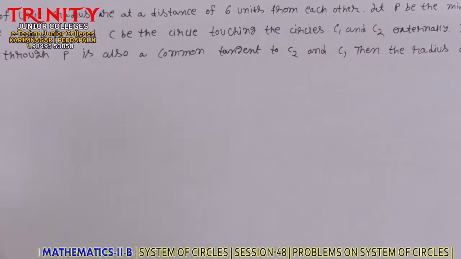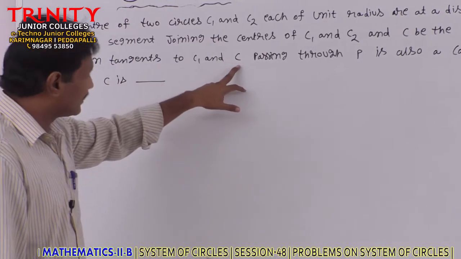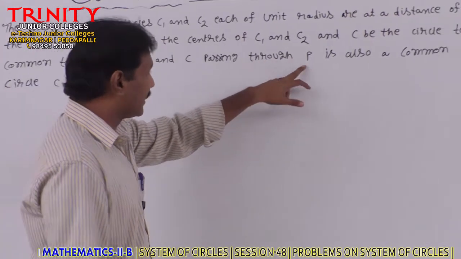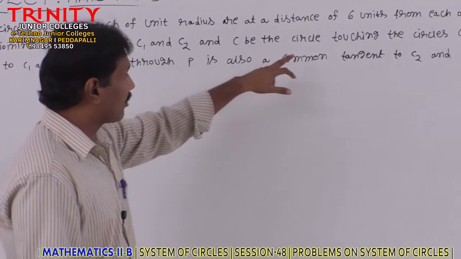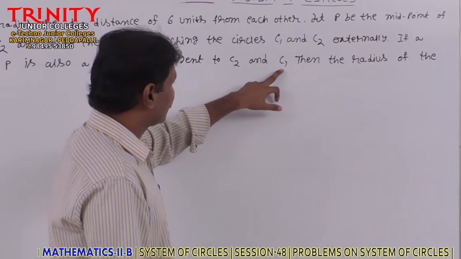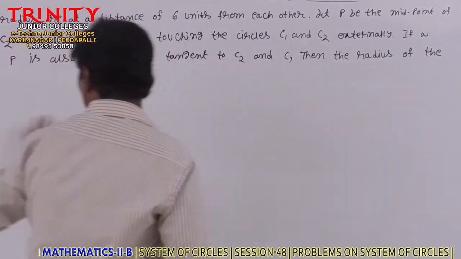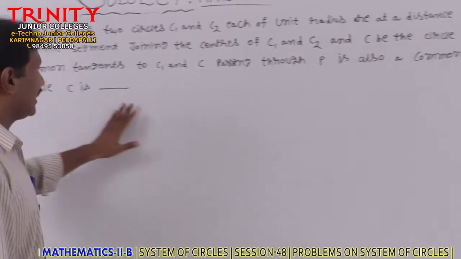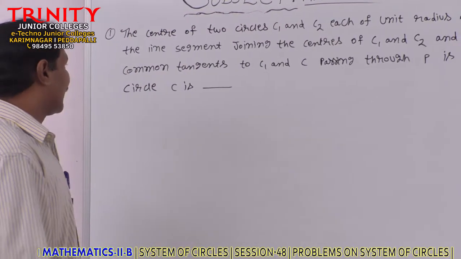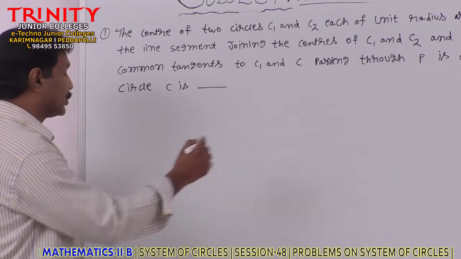If a common tangent to C1 and C passing through the point P is also a common tangent to C2 and C, then the radius of the circle C is? Solution.